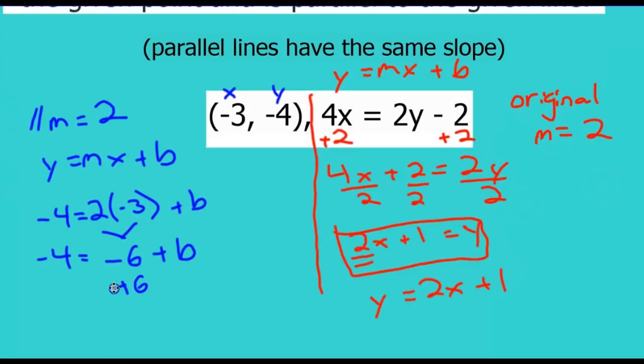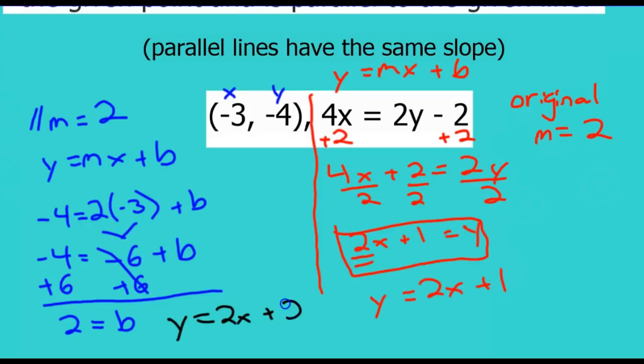Now we have to add 6 to the other side to get b by itself. Negative 4 plus 6 gives us 2 equals b. So our new equation then is going to be y equals 2x plus 2.